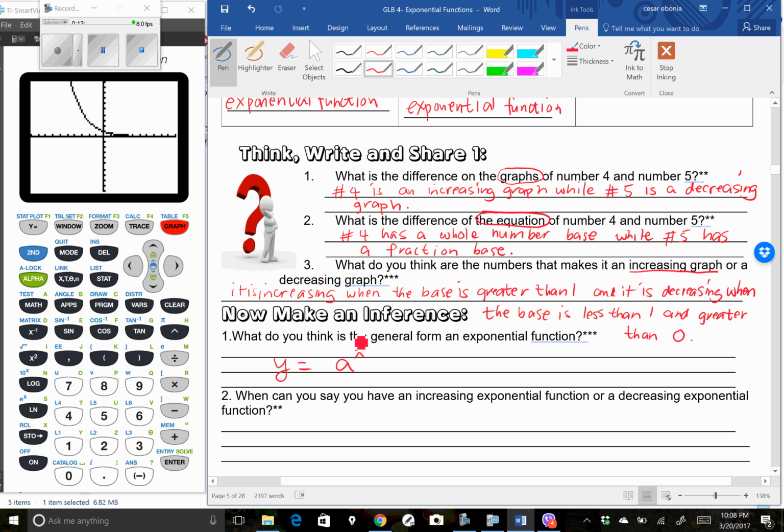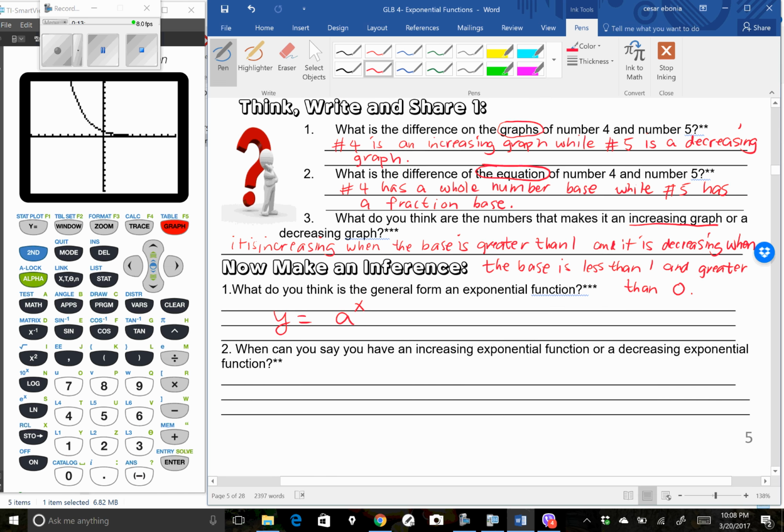That will be our general form, a simple form of an exponential function. And the second one, when can you say you have an increasing or a decreasing exponential function? We actually answered that in number 3. I just would like to generalize this, using this one as our base, because it depends on the base of the function.